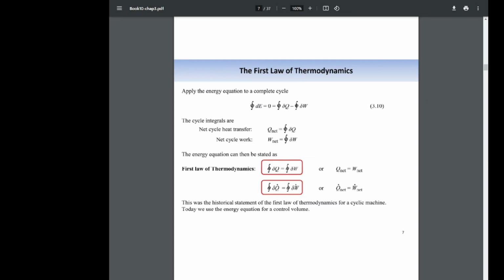If you rewrite this, putting heat on one side and work on the other, the net heat is going to be equal to the net work. And if we put it in terms of rates, then the net rate at which heat is coming into the system is equal to the net rate at which work is being done.